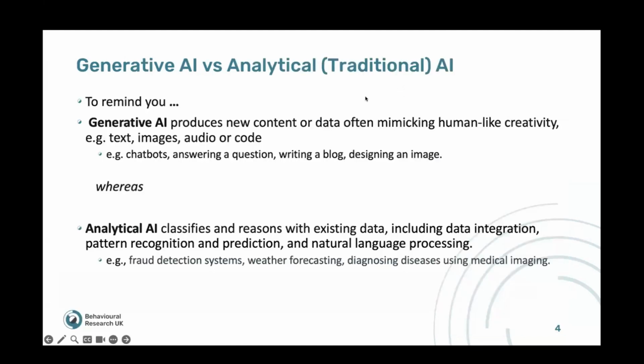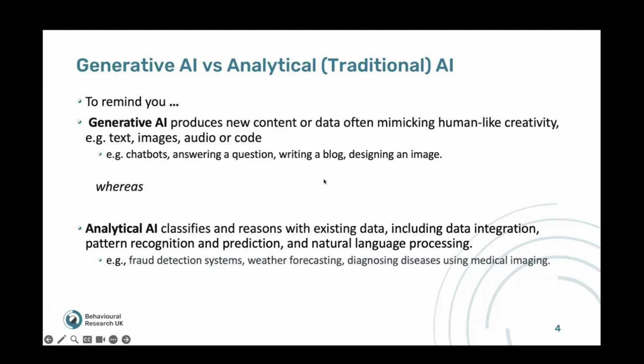Okay, just for those who weren't at the last webinar, or those who were, to remind you, the difference. So generative AI produces new content or data, often mimicking human-like creativity. For example, text, images, audio, or code. And examples are chatbots, answering a question, writing a blog, designing an image.